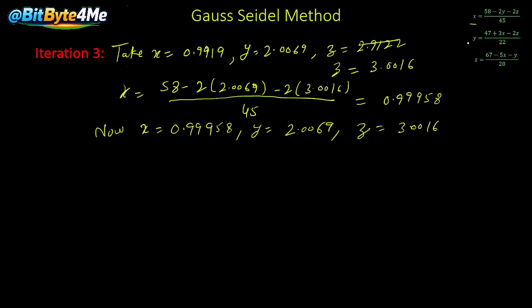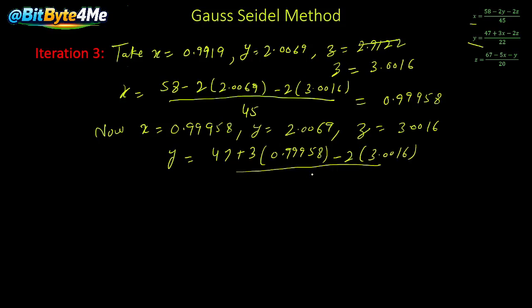Now based on these values we calculate the value of y. y is equal to 47 plus 3 into x, 0.99958, minus 2 into z, 3.0016, divided by 22, and it will be equal to 1.99979. So this will be the value of y.